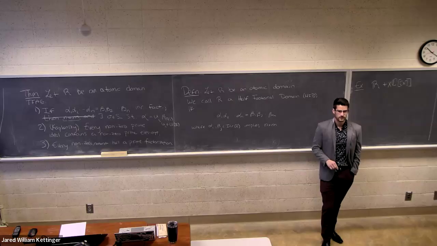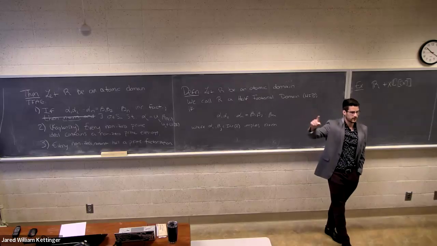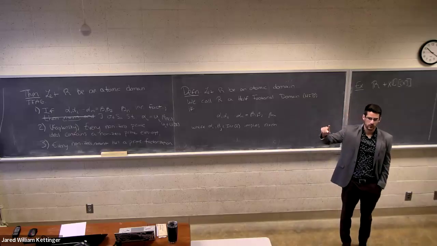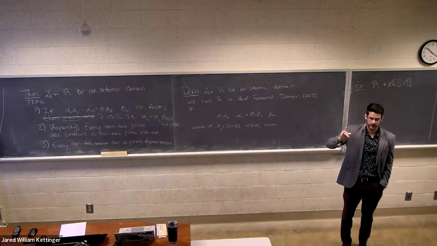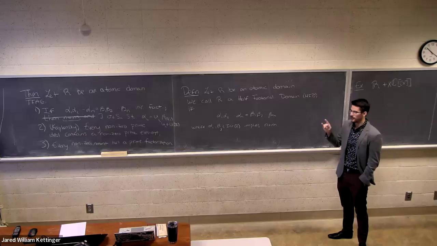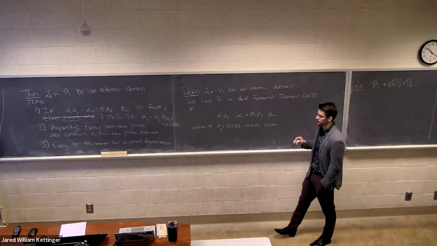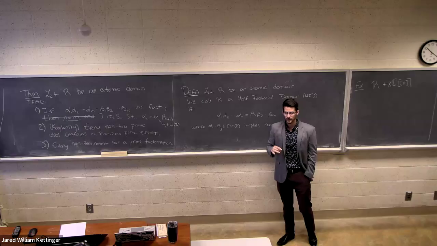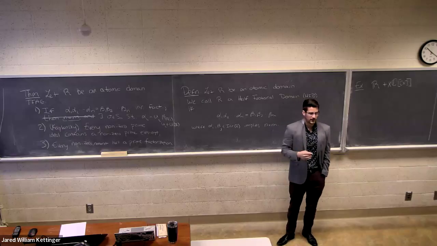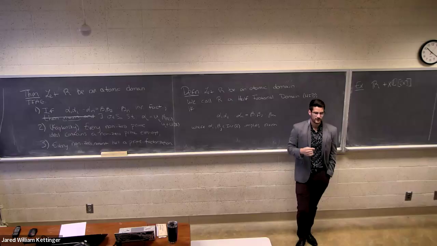Well, what is the consequence of being a UFD? What is one important property? Any UFD is also what? A property that is really nice in rings: integrally closed. Any UFD is integrally closed.